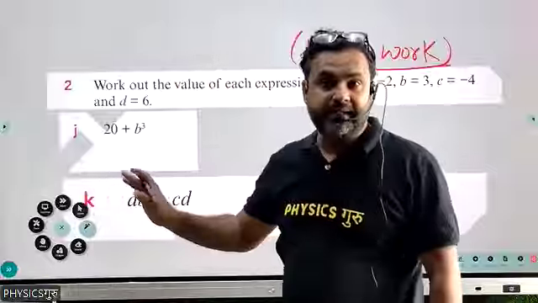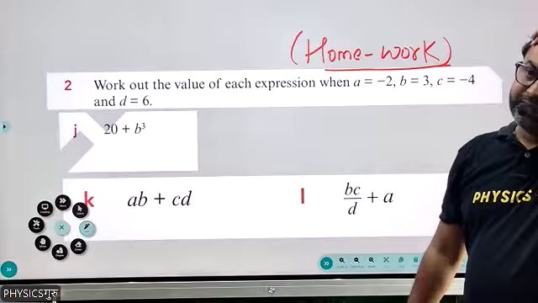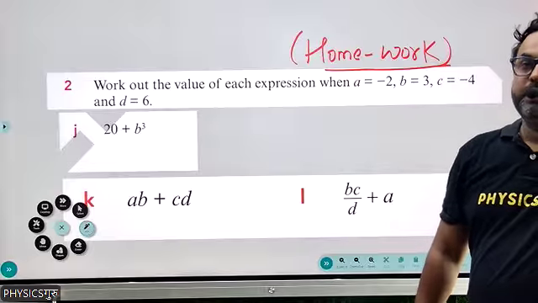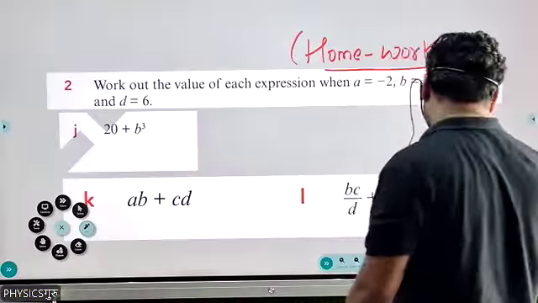That is J1, then K, then the last question that is L1. These 3 questions for your homework. J, K, L. Now, next one.